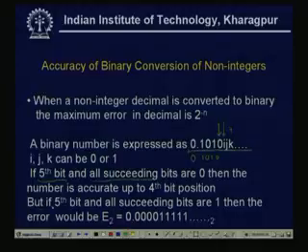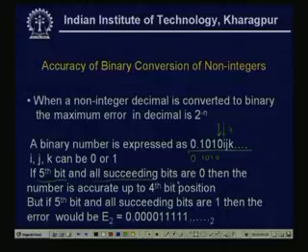Now, if the 5th bit and all succeeding bits are 1, then the error would be 0.0000 and then all ones. So, actually these are not zeros. If they are 0, we can easily discard those values, but if i, j, k are 1, then I cannot discard them, I am actually approximating those values. So, there must be some error introduced in the binary number. And what is that error?